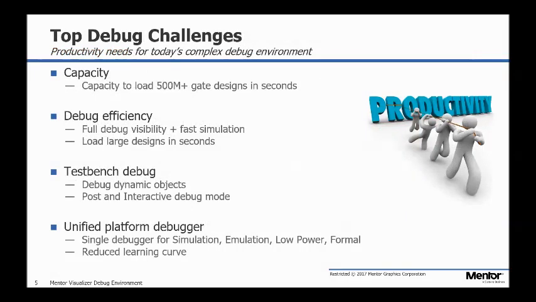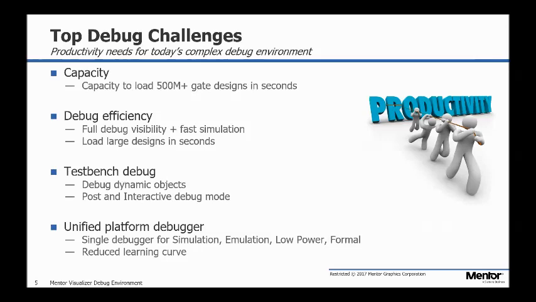So the top challenges we see in the debug world these days are capacity. As designs are getting up into hundreds of millions of gates, we're really seeing that the original debugger for Questa, the Tcl-based one, is starting to show its age, I guess, is the thing.